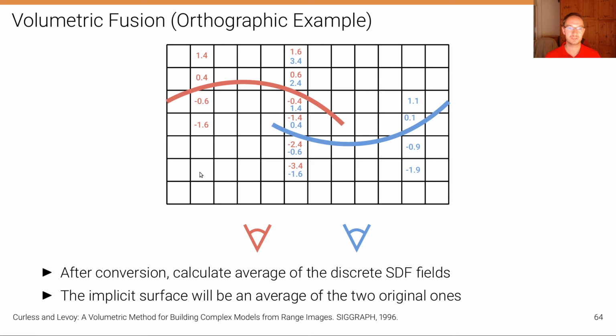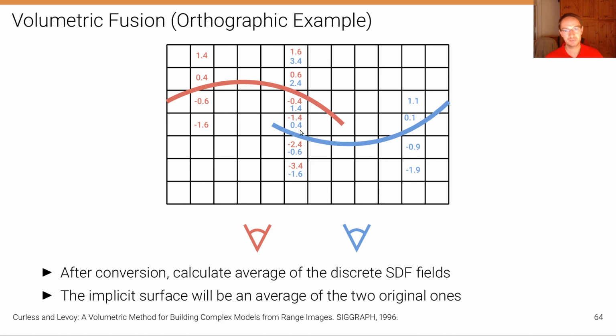These values are negative and these are positive, and they are red because they belong to the red camera. Similarly here we have blue values behind the surface and in front of the surface, and for example this value here is 0.1 because the intersection of that ray with that surface is just slightly in front of the voxel center.